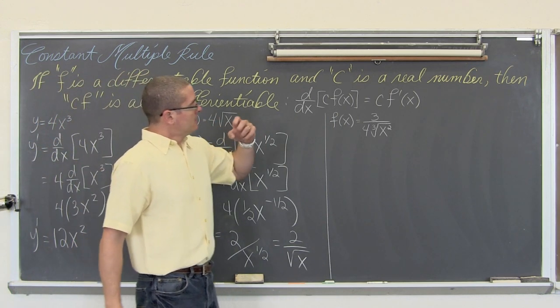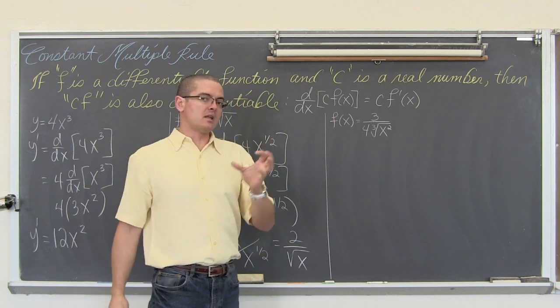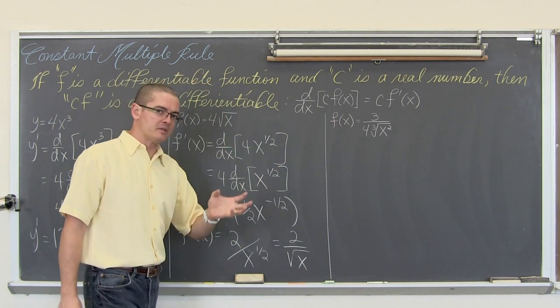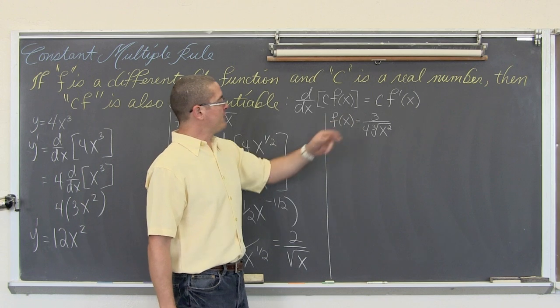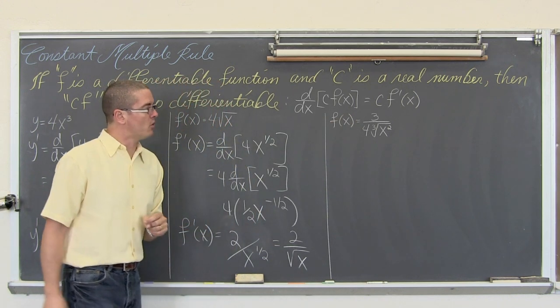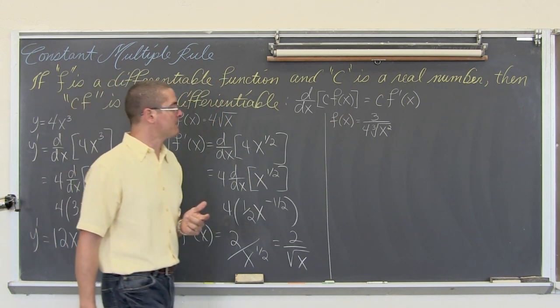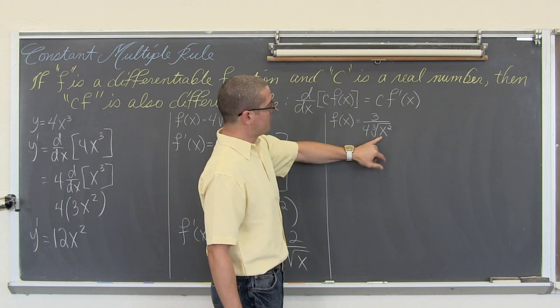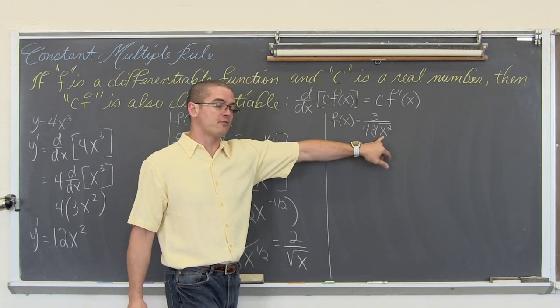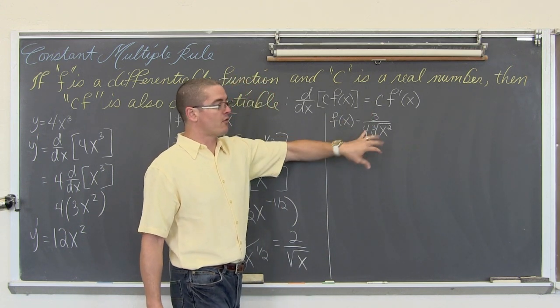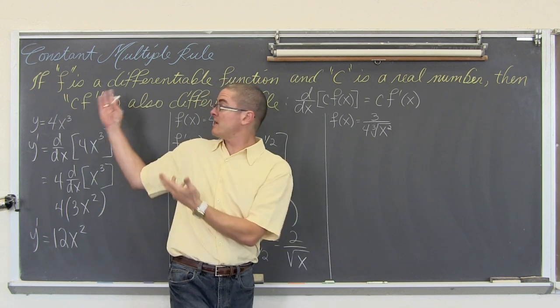Over here it could potentially look a lot nastier, maybe a little bit scary, but let's see here. We have f of x is equal to 3 over 4 times the cube root of x squared. So I want to pull this x out and give it its own little fraction and write 3 over 4 as a multiple, since that's what we're dealing with here.